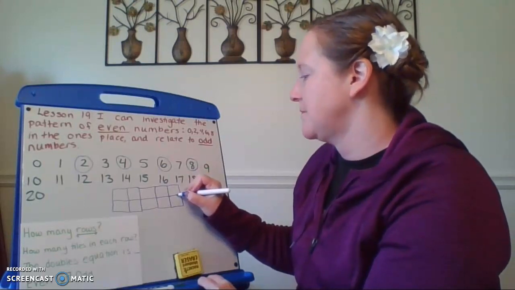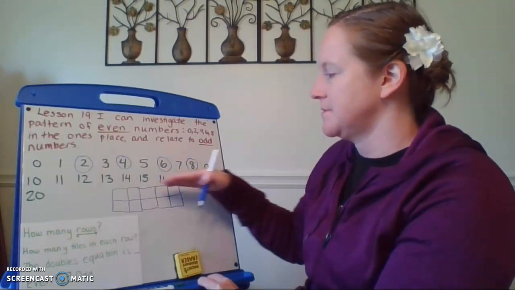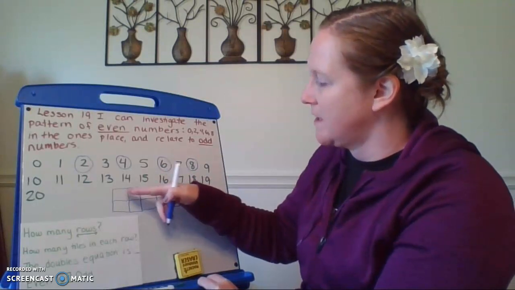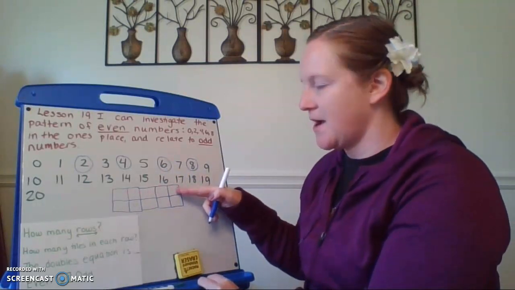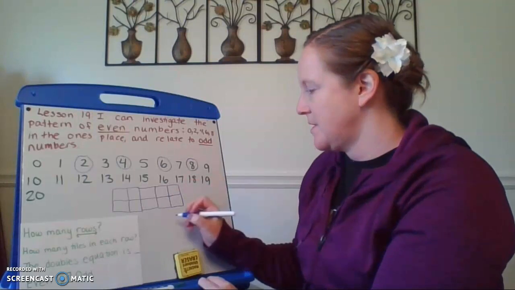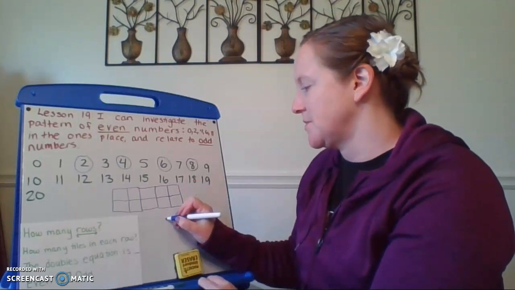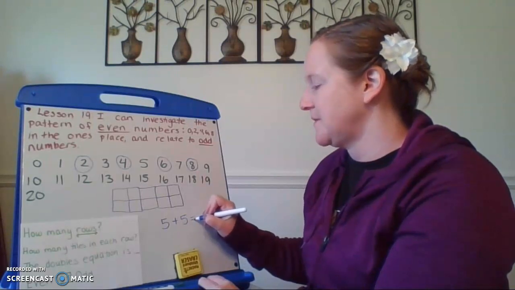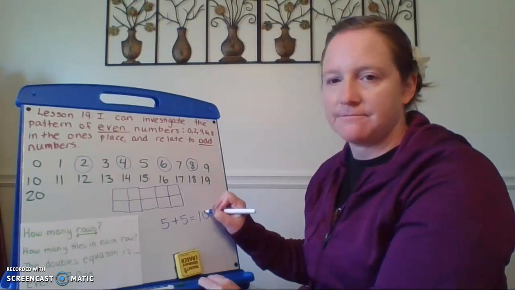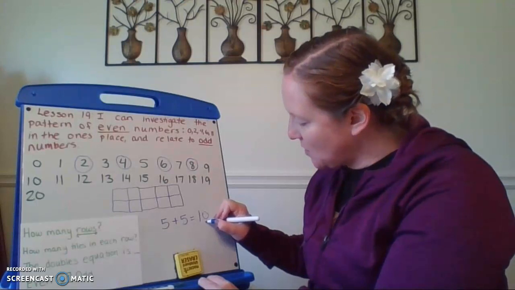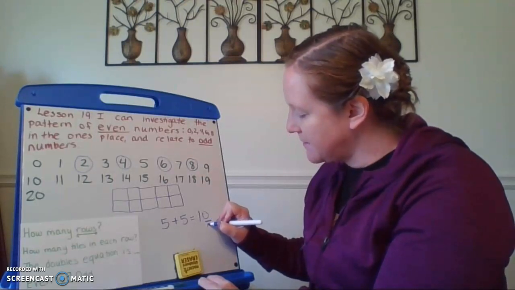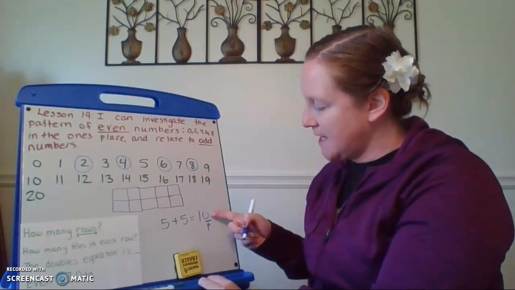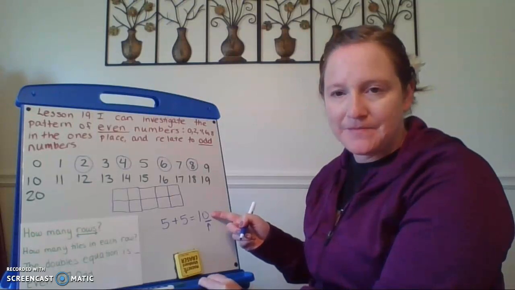So now I have still 2 rows, and I have 1, 2, 3, 4, 5 in each row. So my repeated addition, or the doubles equation, is 5 plus 5 equals 10. This is my ones place right here. Is 10 an even number?